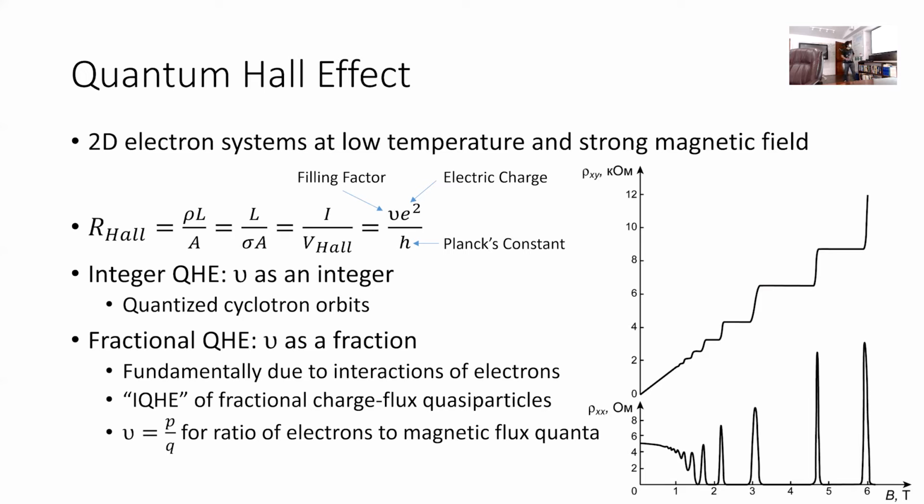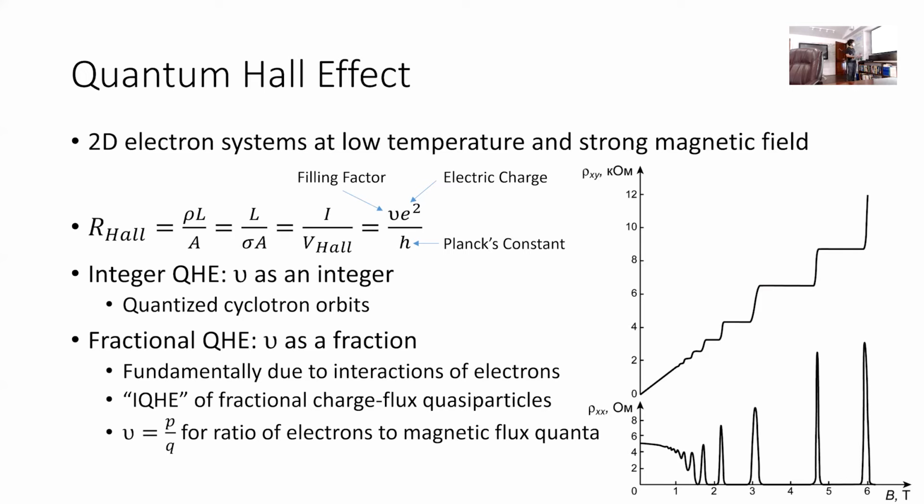And you can end up studying more complicated interactions and find that when you add in interactions for certain systems, depending on the lattice, depending what the system is, sometimes you're going to get these quasi-particles coming from the interactions. And so if those quasi-particles have fractional charge, then you get an integer quantum Hall effect on the fractional charge, which gives you the fractional quantum Hall effect. So the fractional quantum Hall effect is just the integer quantum Hall effect for these quasi-particles with fractional charge.